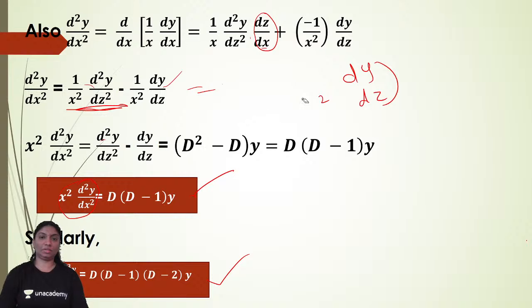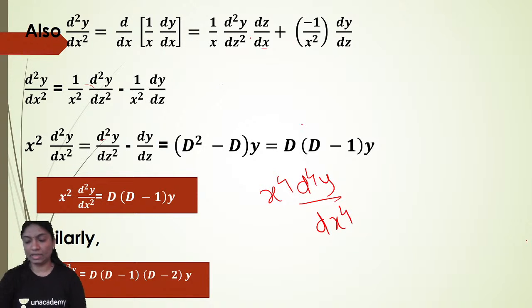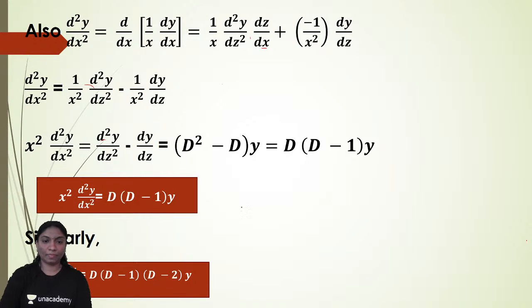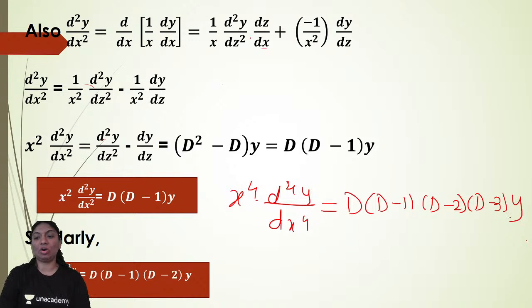Now similarly, if the differential equation contains the term x raised to 4 into d raised to 4y upon dx raised to 4, then you will get d into d minus 1 into d minus 2 into d minus 3 of y.